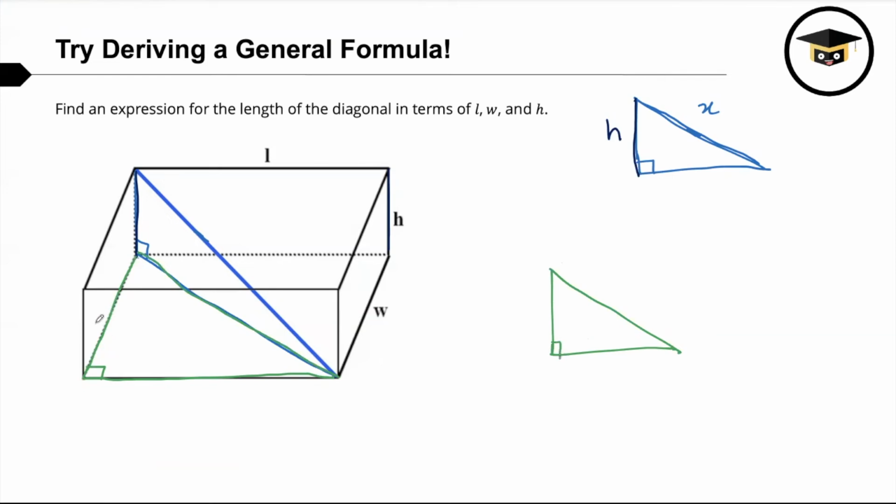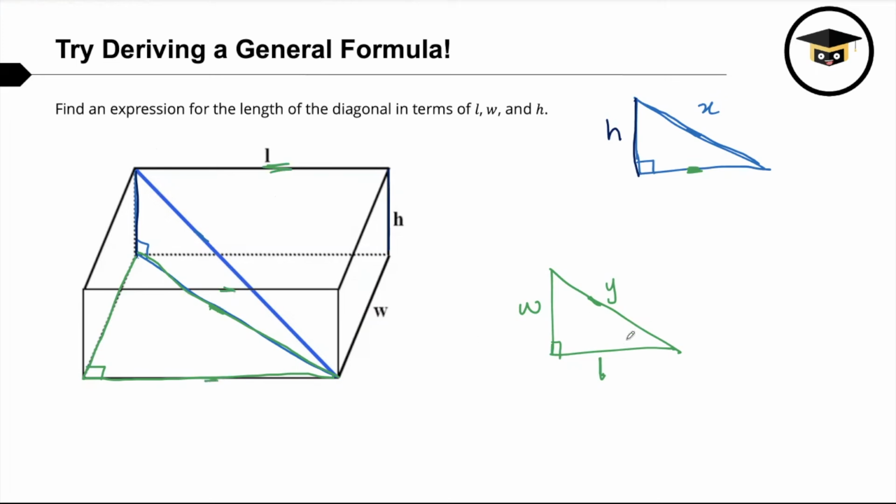Well, this is the side we want to find out, so I'm going to call this Y, because this side here corresponds to this side here, which also corresponds to this side here. I know that this side is the width, so I'm going to call that W. Now, I'll call this side L, because that is the length. So L would be the same as this side, same as this side, same as this side.